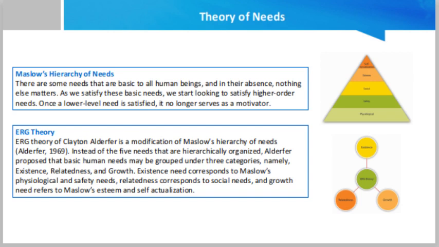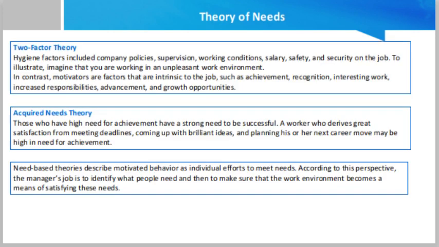Then the next one is the two factor theory. Now, what is two factor theory, friend? Frederick Herzberg approached the question of motivation in a different way by asking individuals what satisfies them on the job and what dissatisfies them. Herzberg came to the conclusion that aspects of the work environment that satisfy employees are very different from aspects that dissatisfy them.